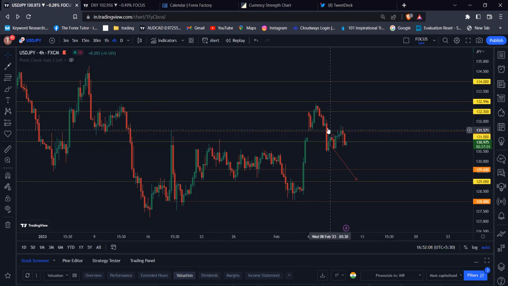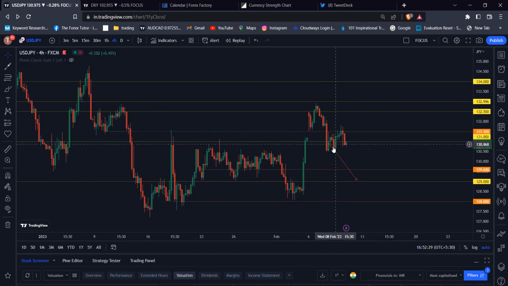You can see there is a very long bearish candle because of the US dollar weakness. After breaking the 131.00 psychological number, it retested the 131.500 psychological number right now.